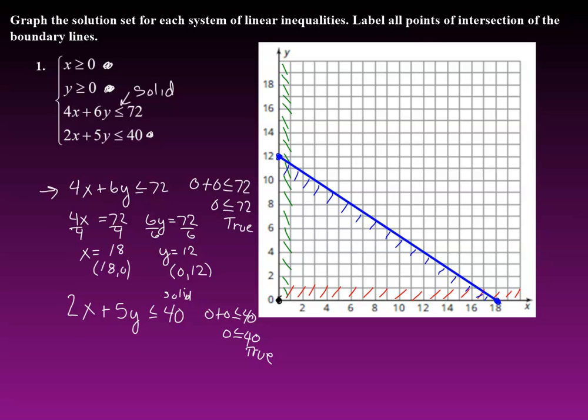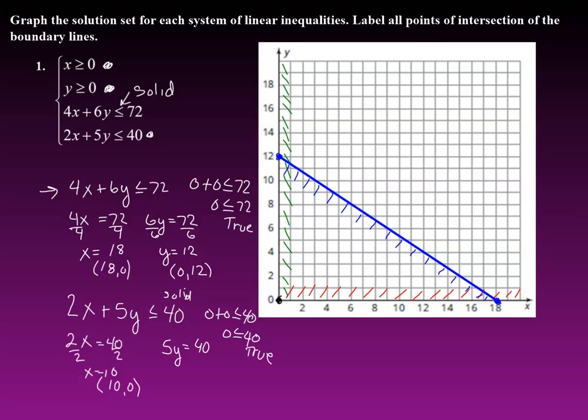So to get our x-intercept, we're going to take 2x equals 40. We'll divide by 2 and get x equals 10. So we have a point at 10, 0 for the x-intercept. Then we're going to take 5y and set it equal to 40.